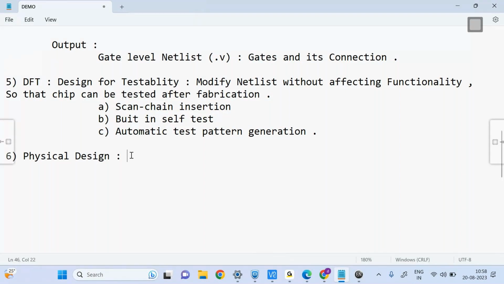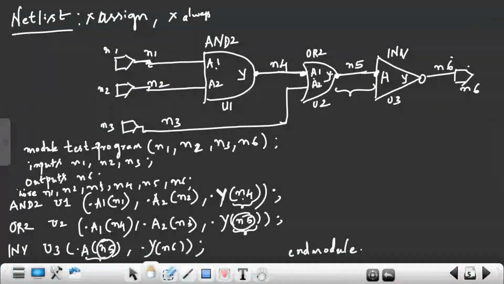Here, everything is in the logical concept, meaning everything is in the form of text. The AND gate text and net connections are in logical format. This net is the output Y and the input A1. It is a logical concept, and now this net has to be converted to a metal layer.